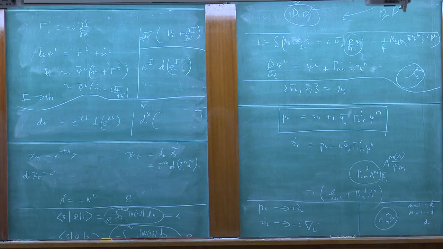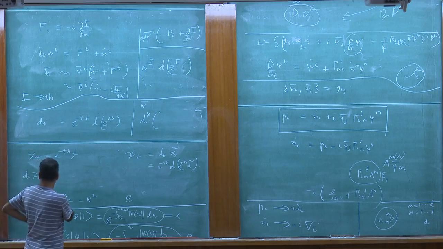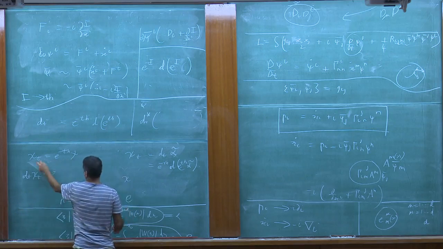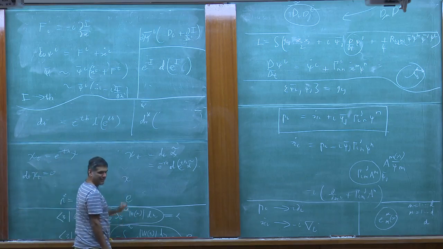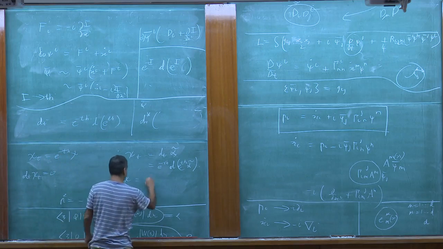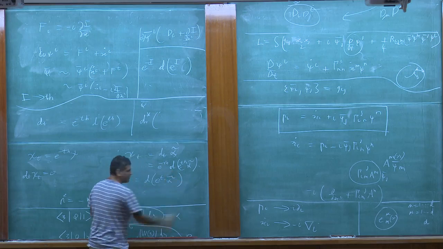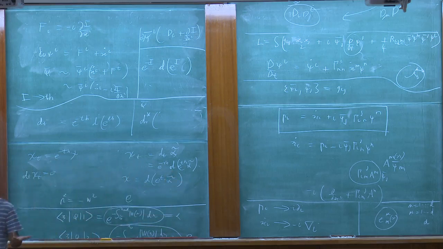Suppose this was the case, then chi, because alpha t is e to the power minus th of chi, is equal to d of e to the power th alpha tilde. And therefore chi was not in cohomology. Thank you, Diksha. Argument's clear, right? So if this guy was trivial, the earlier guy must also have been trivial.